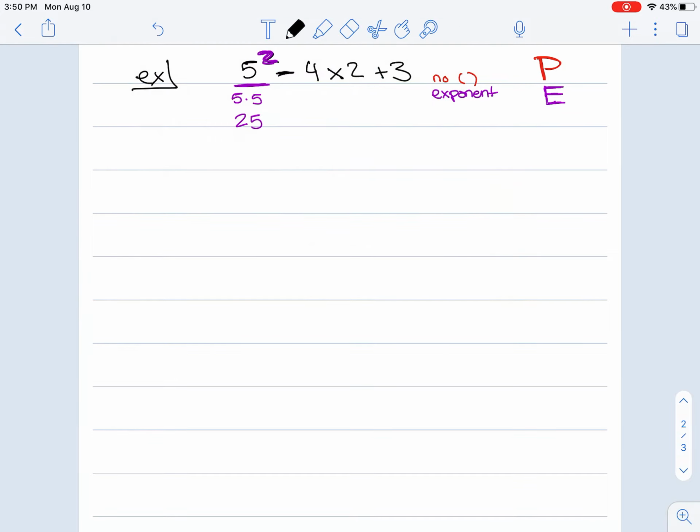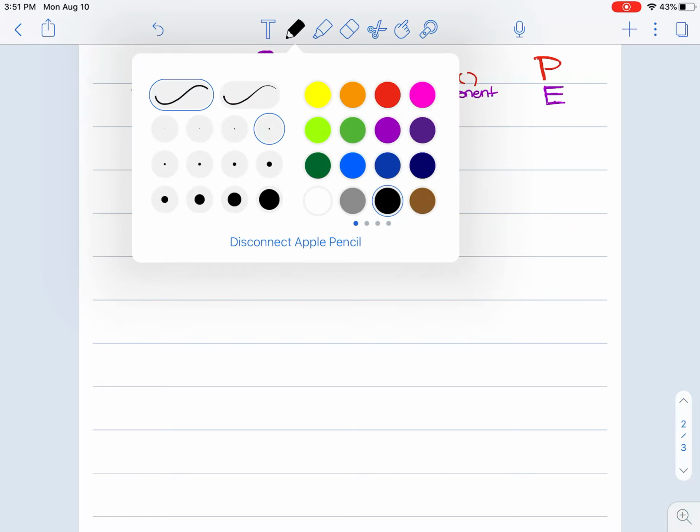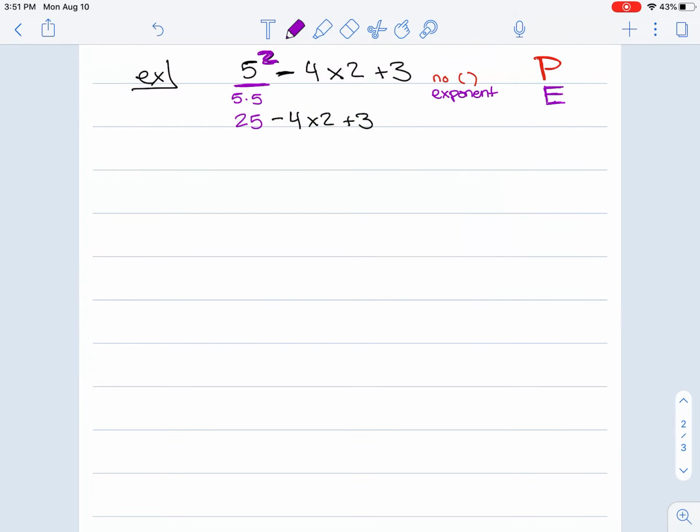Then I'm going to rewrite everything. So I'm going to double check the exponents again. Looking to see, are there any exponents? So I'm going to write no more exponents.